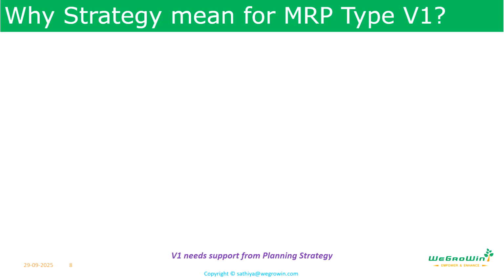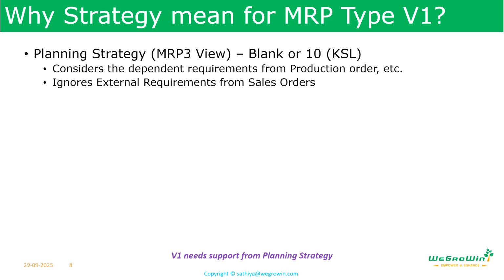MRP type V1 alone is not enough. Planning strategy matters. Combining with V1, strategy blank or strategy 10 with requirement type KSL ignores external requirements from sales orders.